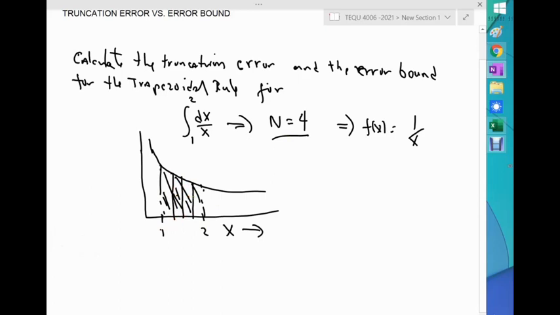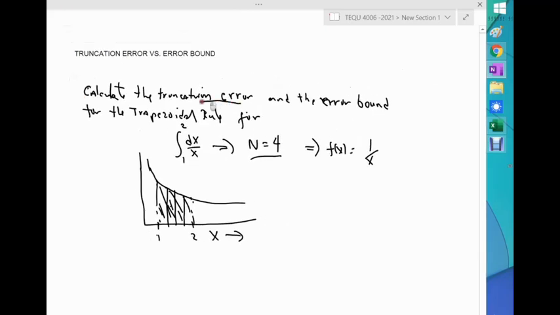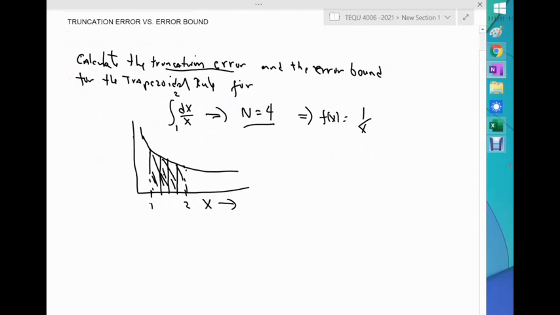So if we want to get, for example, the truncation error, as clearly said here. Well, the truncation error by definition is basically ET, truncation error, equal to the real area, let me put it this way, the integral from 1 to 2 of dx over x, minus the area calculated by the trapezoidal rule.